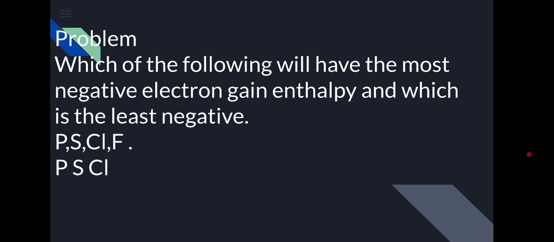So that's why chlorine will have the most negative electron gain enthalpy, and the least negative electron gain enthalpy will be phosphorus. Okay, because as we go across the period, we know the value goes on increasing. Phosphorus will have the least negative and chlorine the most negative.